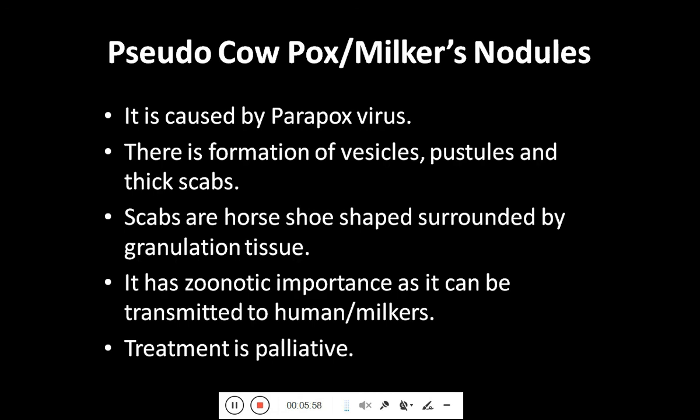Then comes pseudocowpox, or milker's nodules. It is caused by a parapox virus, and there is formation of vesicles, pustules, and thick scabs. Scabs are horseshoe shaped, surrounded by granulation tissue, and it has zoonotic importance as it can be transmitted to humans or milkers.